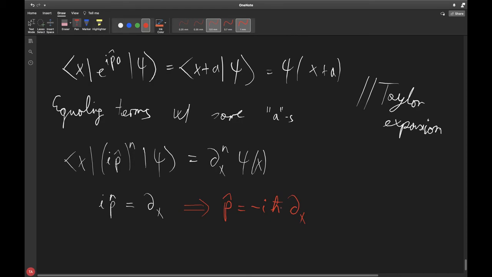And of course, if we are in more dimensions, then this was the px operator. So if I really want to describe all of the dimensions, then this is going to become the nabla. There is another video about the nabla in the vector algebra part.